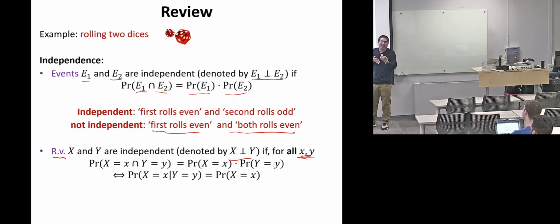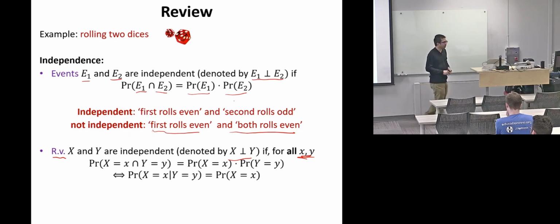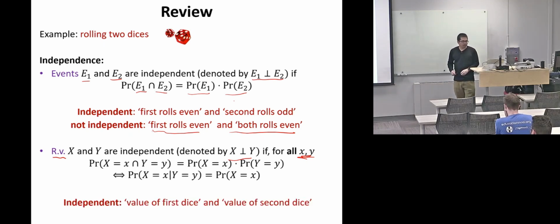Knowing something about Y doesn't affect your knowledge about X at all. That's why they are independent. This formalization really captures our intuition. And so the value of the first die and the value of the second die are independent, for example.